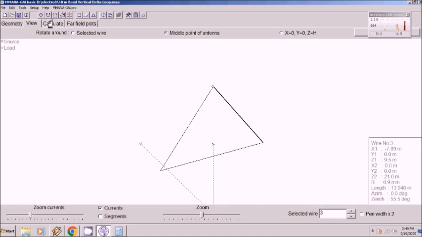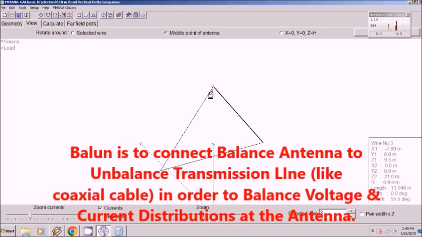Now what else we should design is what is called a balun. A balun is different from an impedance transformer. A balun is the section to connect and balance an unbalanced coaxial cable to a balanced antenna like this.